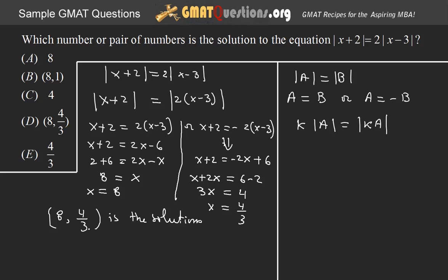Most of these questions have a pair of solutions. Occasionally you may have one single number. Occasionally it does happen, but more often than not, in the majority of the cases, you have 2 numbers involved, a pair of solutions. So let's write down the correct answer.